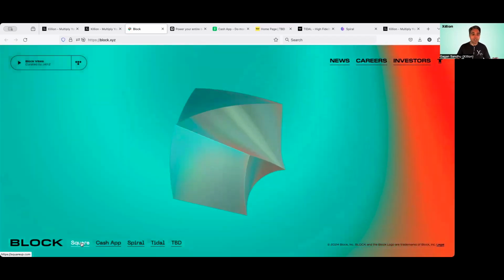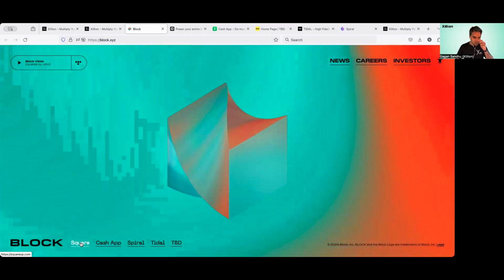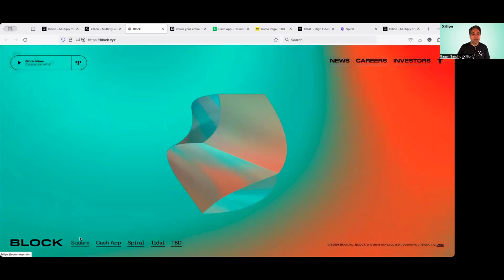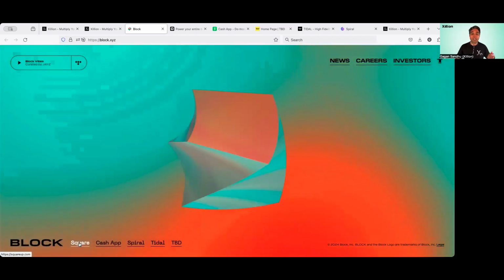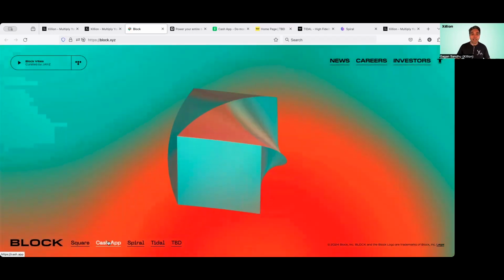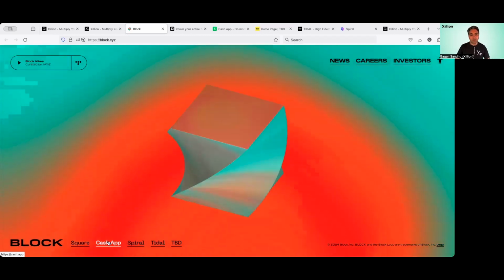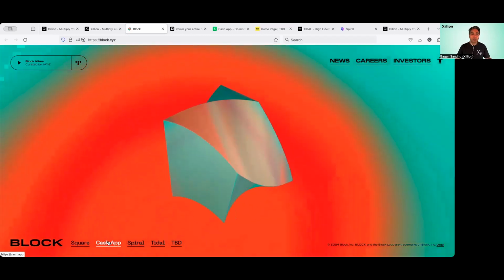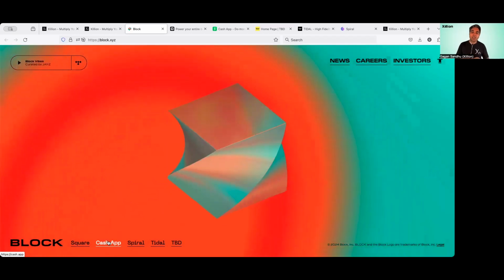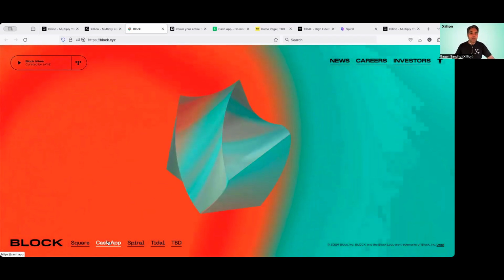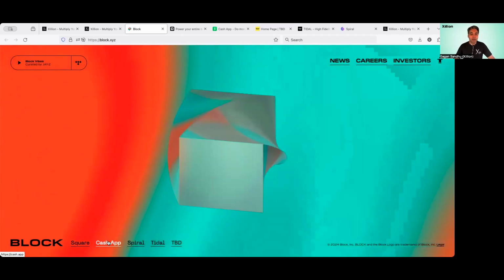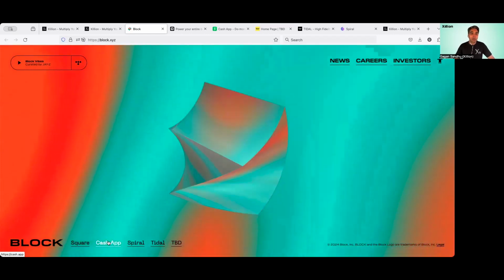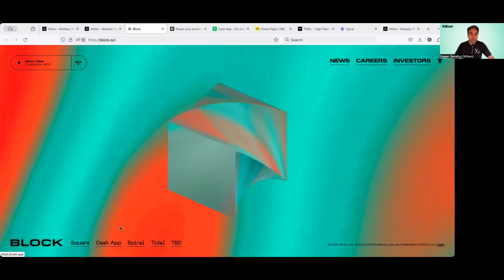One is Square, which is the oldest and which is, I would say, the foundational piece. This is how this company started, as Square, the payments card reader. Then there is Cash App, which was the second big product launched by Square, which is peer-to-peer payments. Friends splitting their bills or just sending $30 here and $50 there for an occasional car repair or something like that.